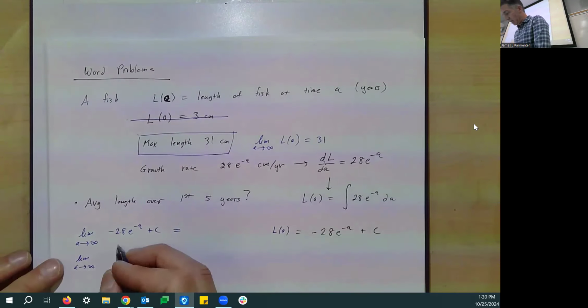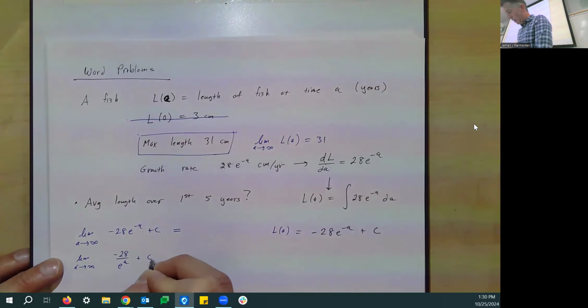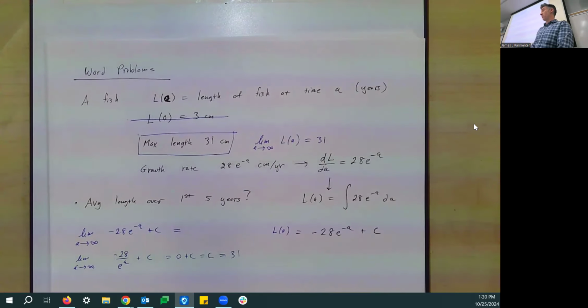So I'm going to rewrite this as negative 28 over e to the positive a. And then I can see that as a goes to infinity, e to the a also gets infinitely large, and 28 divided by something infinitely large is infinitesimally small. So this 28 over e to the a is going to go to 0, and you're going to get 0 plus c, which is c. And then that should be what the limit is, which we just found out was 31. So that's the way you could find that c is equal to 31.